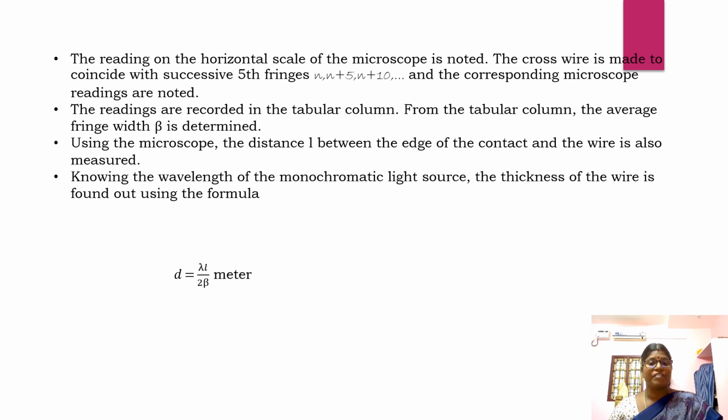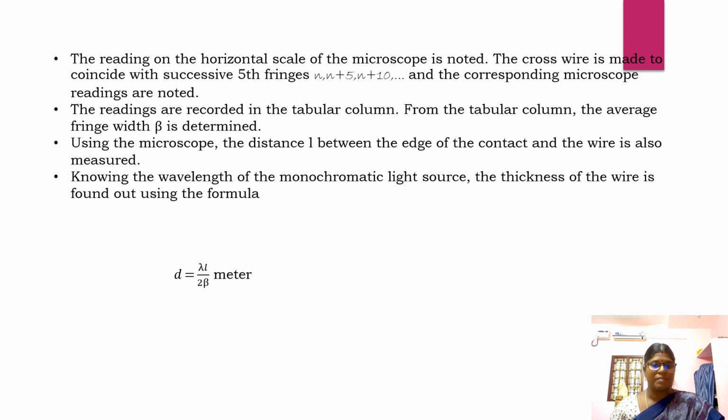By taking the difference of the readings for the n plus 10th band and the nth band, and the n plus 15th band and the n plus 5th band, every 10 bands we get the fringe width 10 beta. By dividing that 10 beta by 10, we get the width of one beta. So the single fringe width beta can be determined.